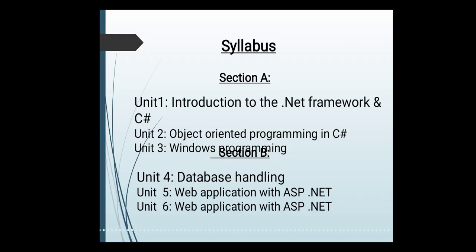And in section B you again have 3 chapters, in which the 4th chapter is database handling, in which you will learn about ADO.NET architecture, static and dynamic data binding, then deployment of a Windows application. These things are covered in unit 4.